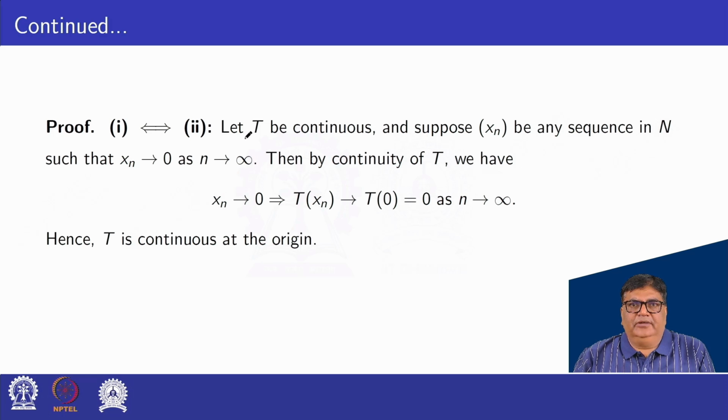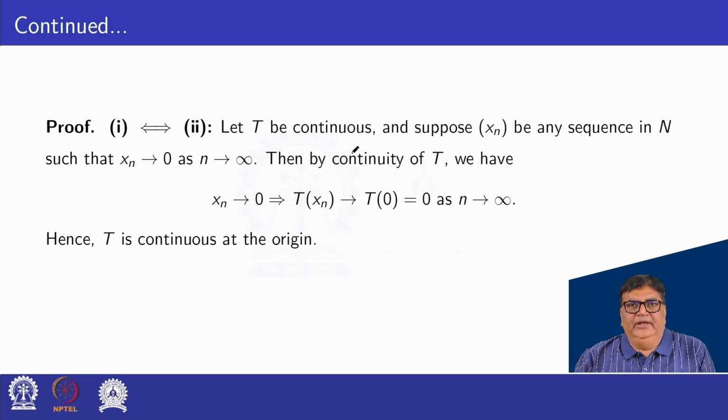So first, let T be continuous. Suppose xn is any sequence in N such that xn converges to 0 as n tends to infinity.